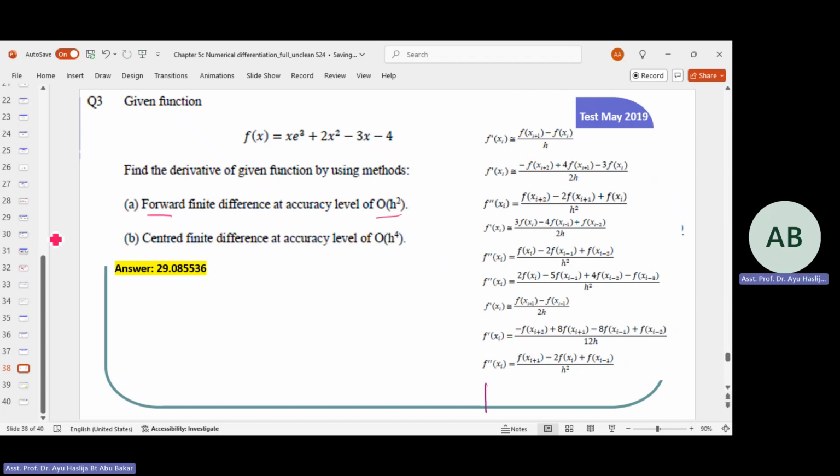This is your f(x). Now, what info do you require? The step size, yes. Step size over here is 0.5. h equals 0.5.